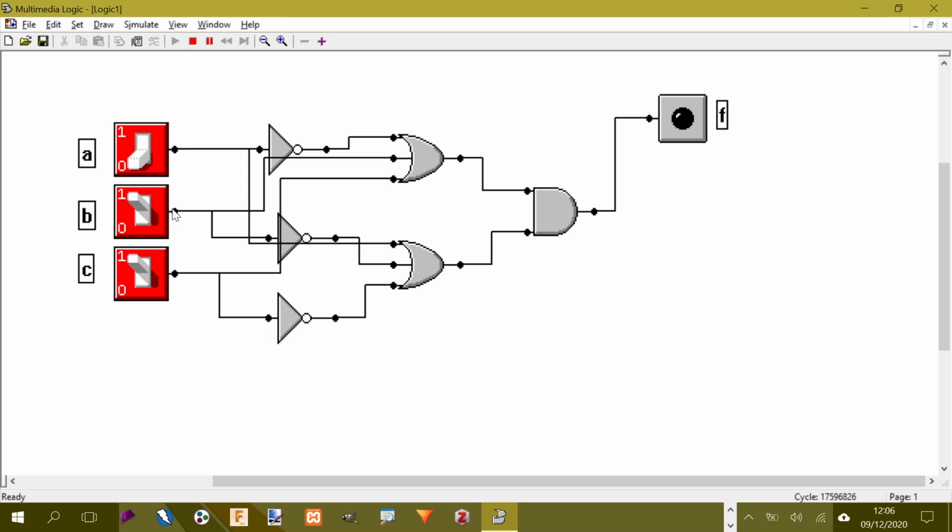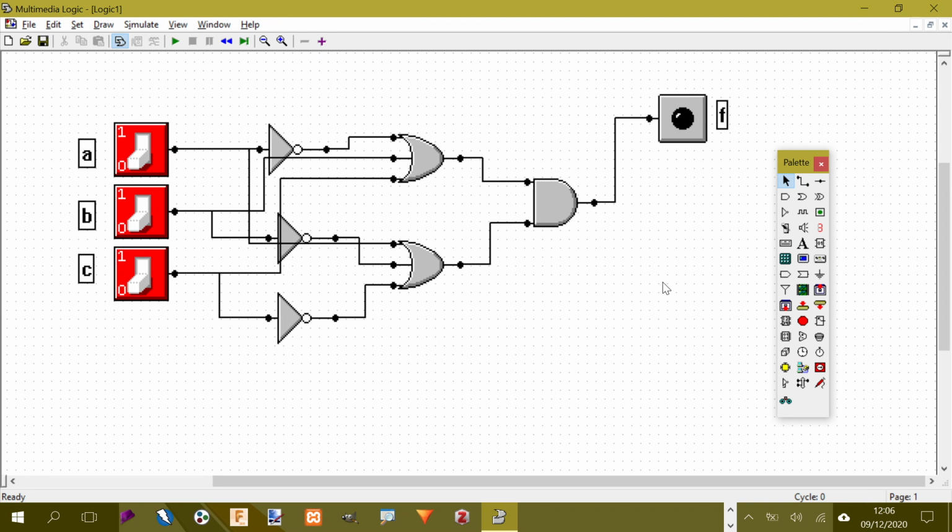Yep, that's correct. And then we also had, what did we have? We had not A or B or C. So that one as well. So 1, 0, 0 gives us nothing, as does 0, 1, 1. Those were the two combinations that we had in our specification. Anything else will give us 1, of course.